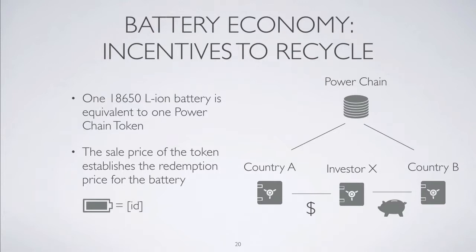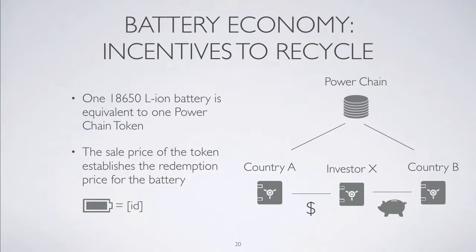You could imagine then that the sale price of the token is the redemption value for the battery, that they become exactly equivalent. And one way that could be instituted in the first place would be by countries and investors engaging in a marketplace where these tokens are traded. And mind that the token itself exists because there's actually a physical battery in existence.